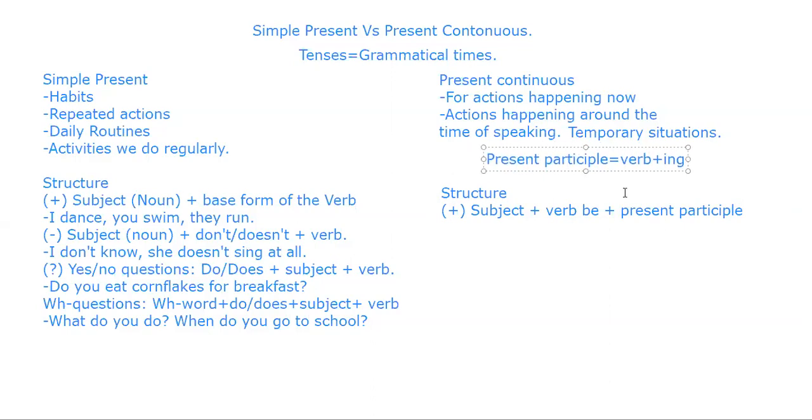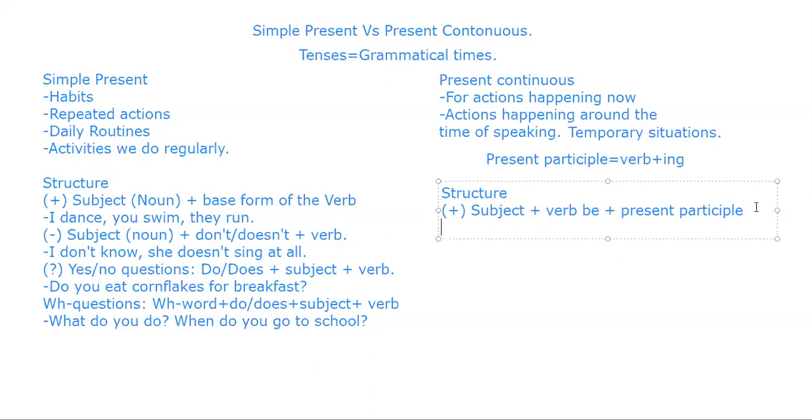Present participle is what you say commonly, verb plus ing. So remember that. So the affirmative is subject plus verb be plus present participle.